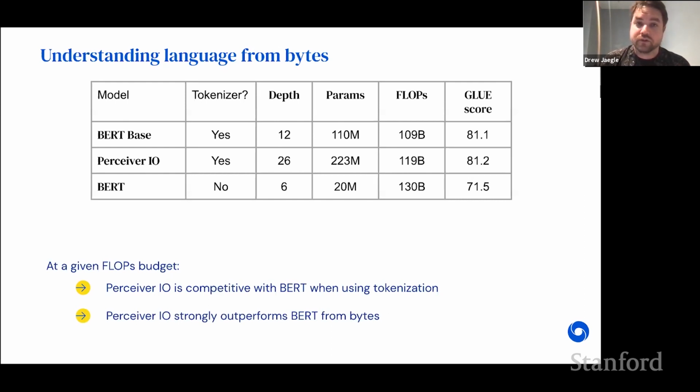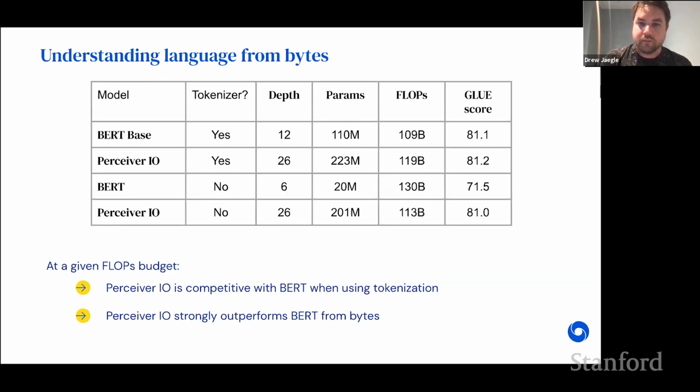On the other hand, if we remove the tokenizer from BERT and keep the flops the same, we see that the number of parameters and the depth just drastically fall down. And this is because BERT scales quite poorly with sequence length because it uses a normal transformer. But if we use a Perceiver without the tokenization, we can see that we only get a slight reduction in the number of parameters at the flops count, but the performance is almost exactly the same.